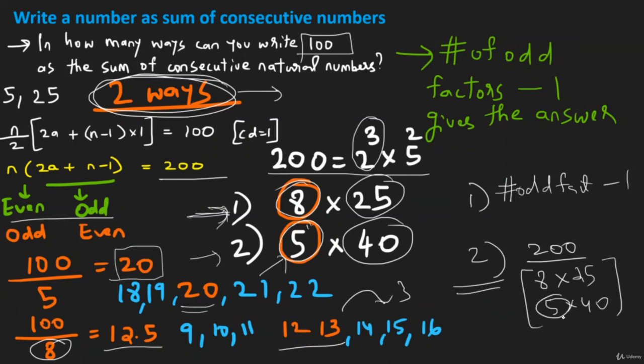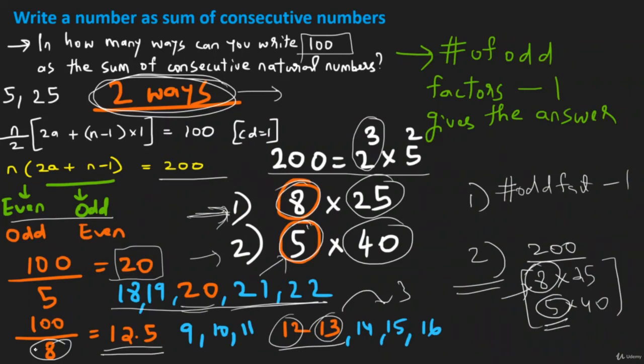So here we start with 100 by 5, that gives us 20. 20 is the middle term and we need 5 terms. So we take 2 terms to the right, that's 21 and 22, and 2 terms to the left of 20, that's 18 and 19. If you add these numbers you will get 100. And for this one we do 100 by 8, which is 12.5. Because it's a decimal number, we take 12 and 13, the numbers to the left and right of 12.5.